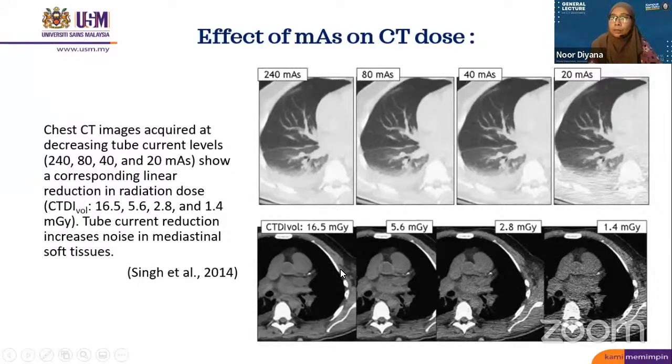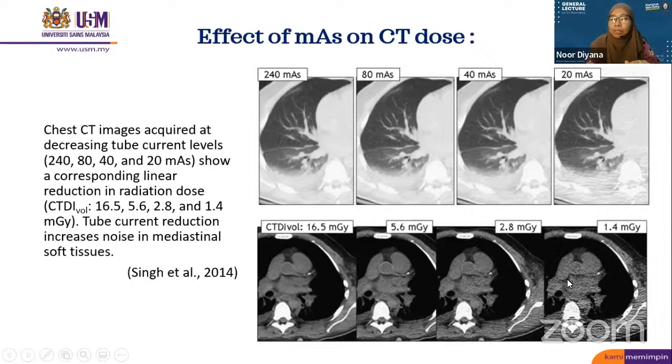So actually it is inversely proportional. If you want a good image quality, you may increase your dose. But if you want to reduce the dose, then you may lose some of the image quality. So it should be balanced between image quality and dose.